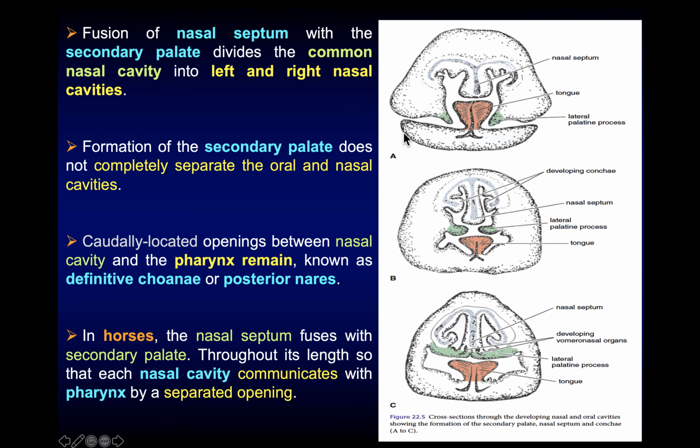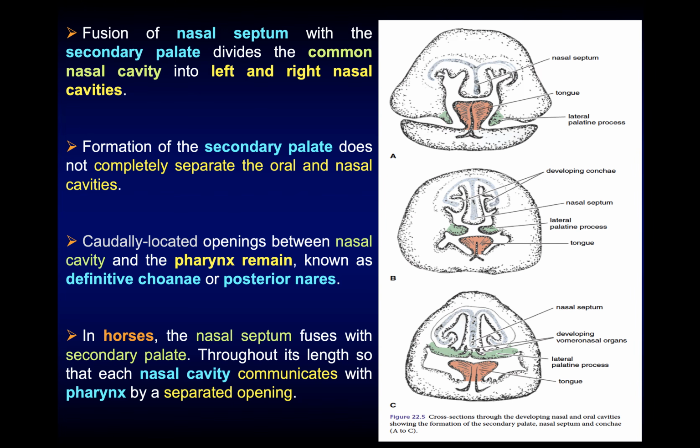So as I said, the nasal septum will fuse with the area of the lateral palatine processes. This will result in formation of the right and the left nasal cavity, which will be separated from the oral cavity.